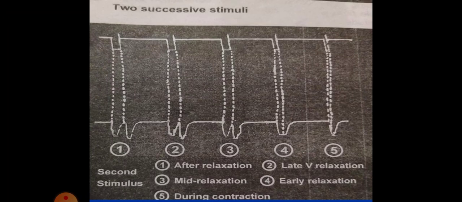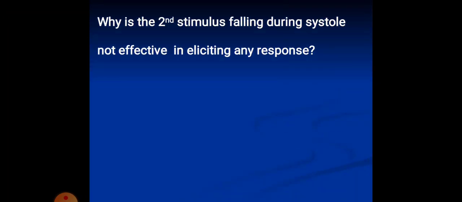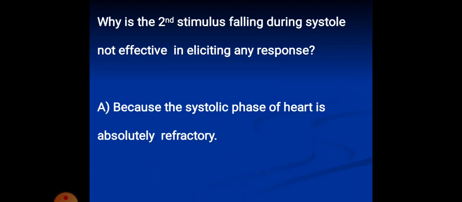But in 5th, during contraction, when we give a stimulus during systole, the heart shows no response. So why is the second stimulus falling during systole not effective in initiating any response? You already know the answer. Because the systolic phase of the heart is absolutely refractory.